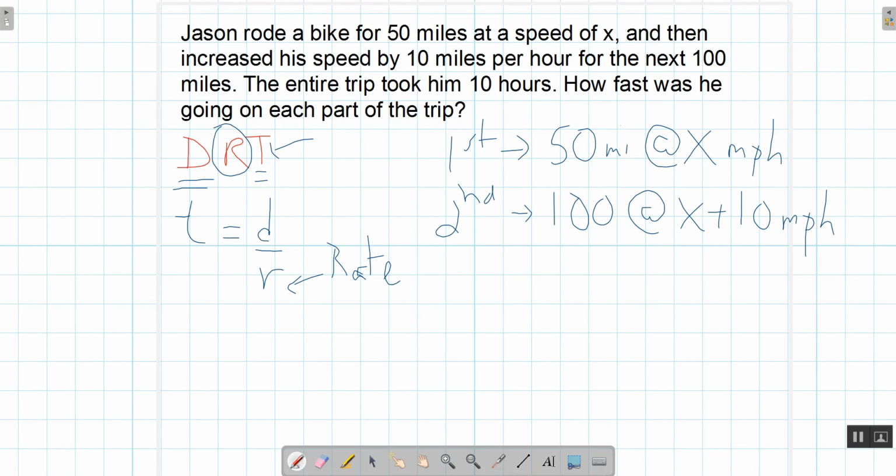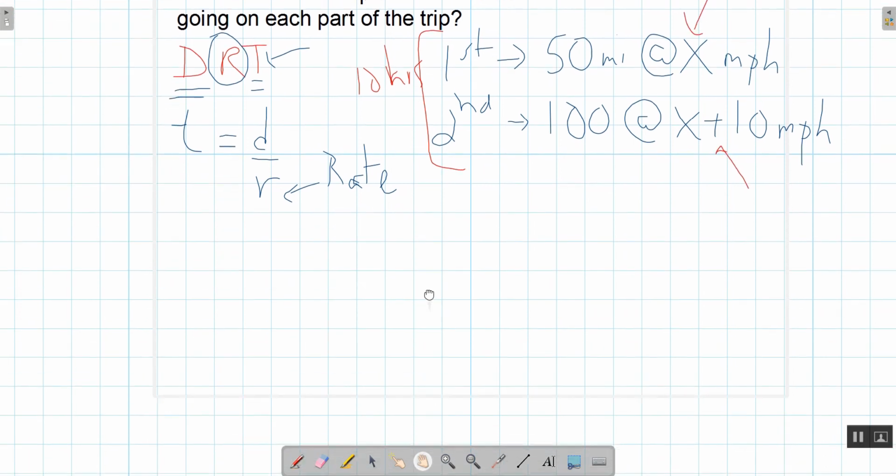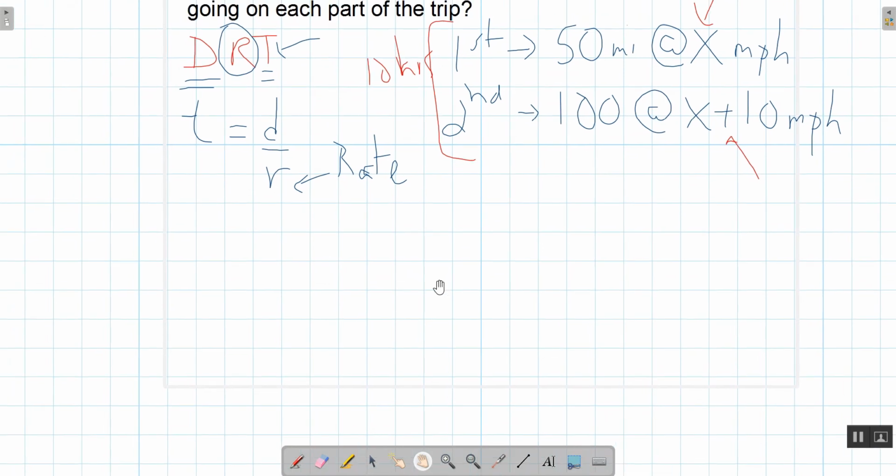So we know that this trip is going to take 10 hours. Okay, and then we want to know how fast was he going. So what is x, right? And what is x plus 10, the speeds for those two trips.